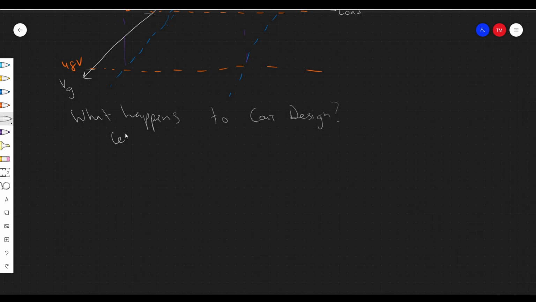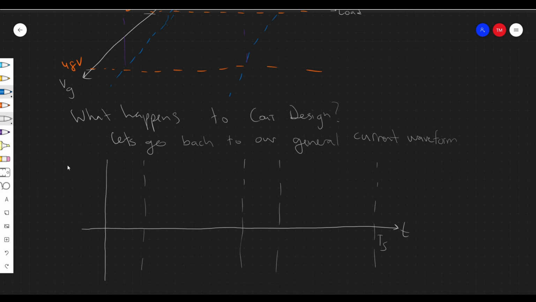So let's go back to our general current waveform. If you recall, the general current waveform for IL looked something like this.